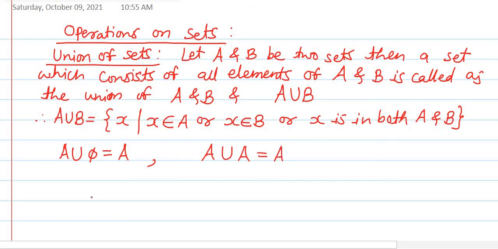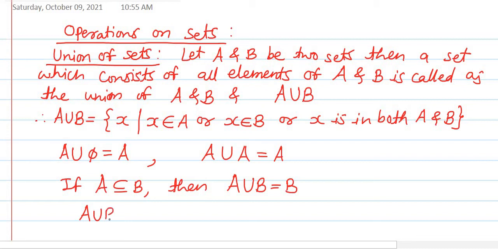Next, if A is a subset of B, then union of A and B gives us the set B. Next, A union B is the same as B union A. Like such, we have the properties of union of sets.